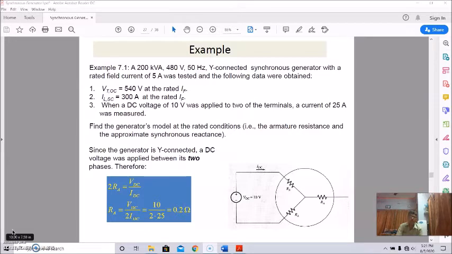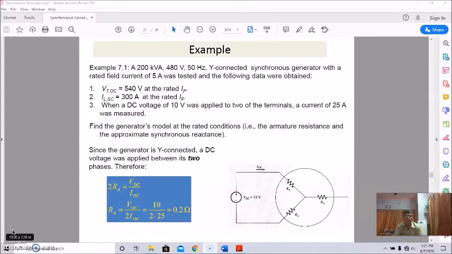Generator model means you have to find the armature resistance and the approximate synchronous reactance. Once again, I am repeating the example: a 200 kVA, 480 volt, 50 hertz star connected synchronous generator with a rated field current of 5 ampere was tested.